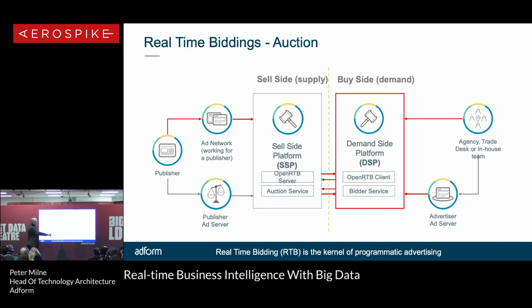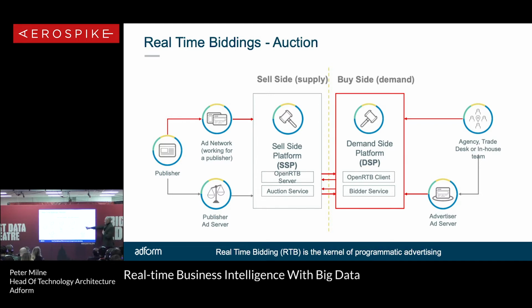The demand-side platform receives the auction. It's a bid request that says, we have somebody at this location in the world with this cookie or this advertising ID. Are you interested in making a bid?